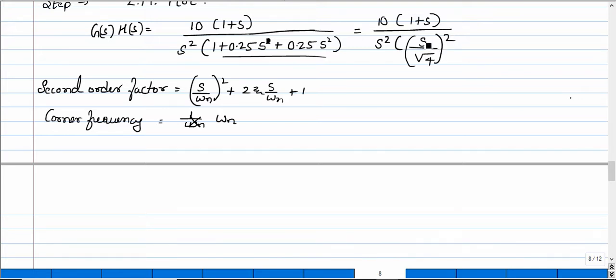The square and square root, the degree 2 will get cancelled, remaining is 4, that is 1 by 4, so you will get 0.25 s square, plus s by 4 plus 1. So I can rewrite it in this form.